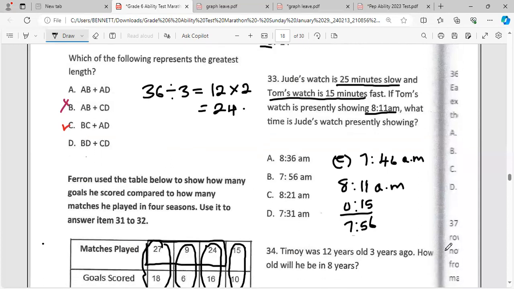You have to take away 25 from 7:56, because it's slow. So it's going to show like it's early. When your watch is slow, it's going to show like it's early when it's actually later than the time. So it has to be 7:31.